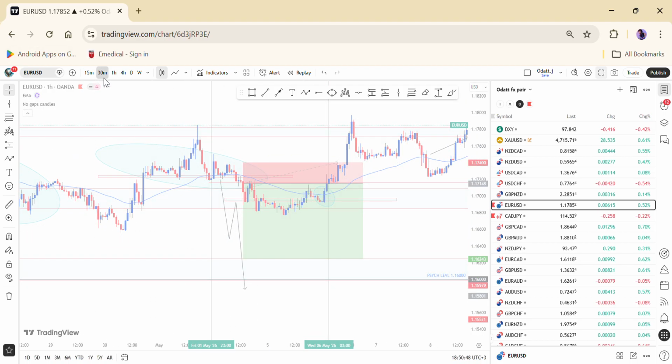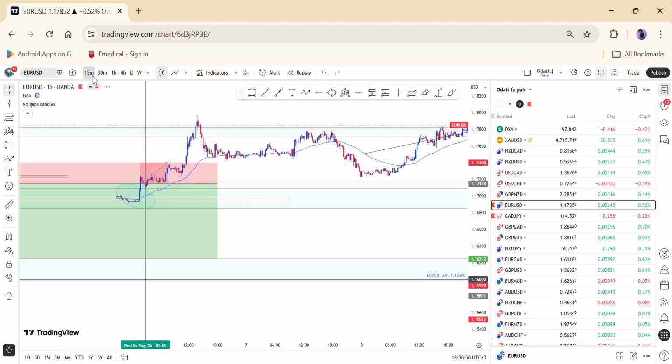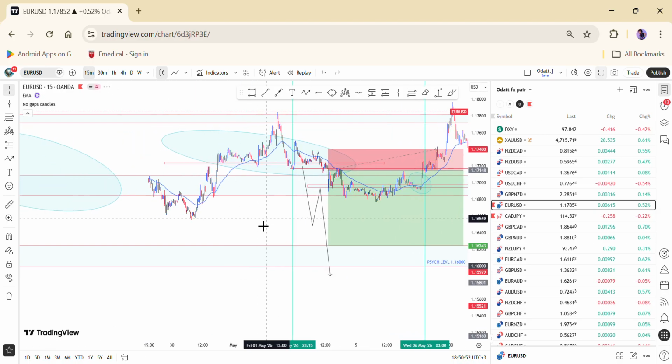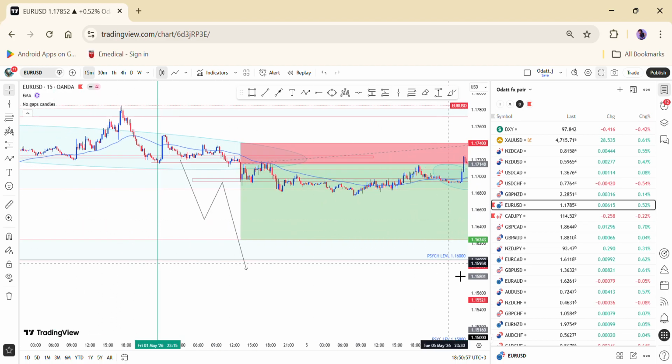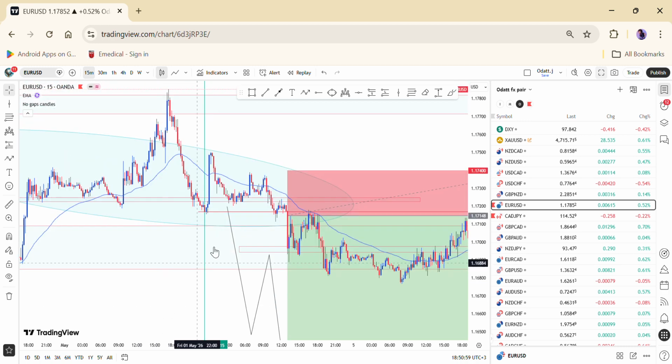15 minutes were in the same direction, 30 minutes were in the same direction, then 15 minutes will provide us with this engulfing candlestick over here.